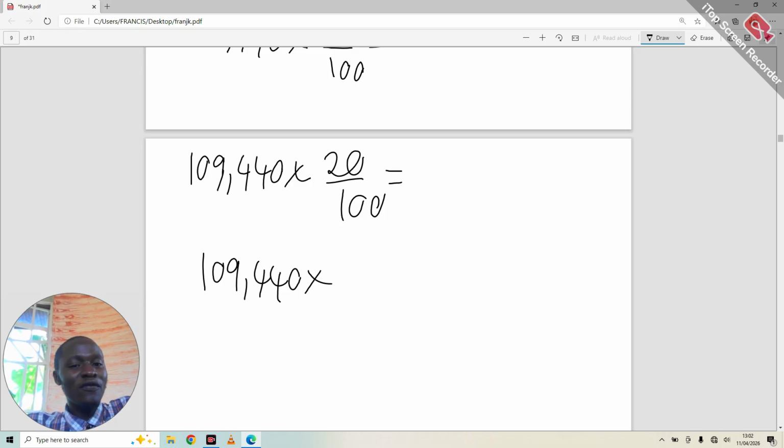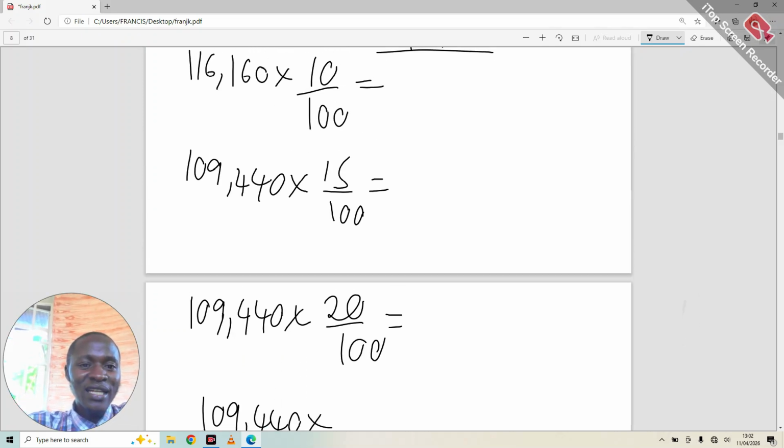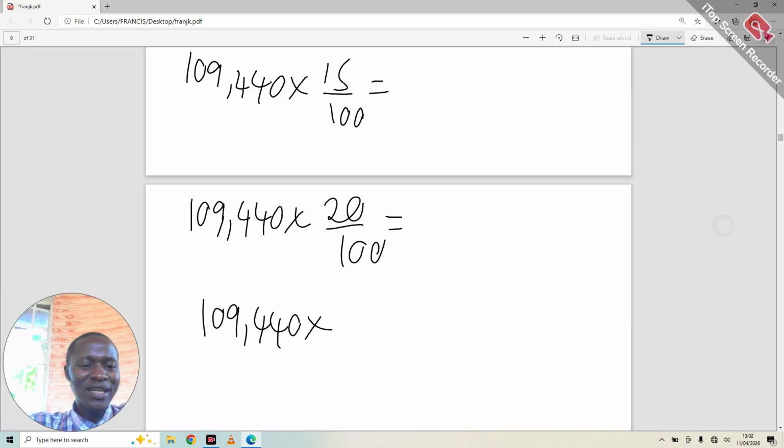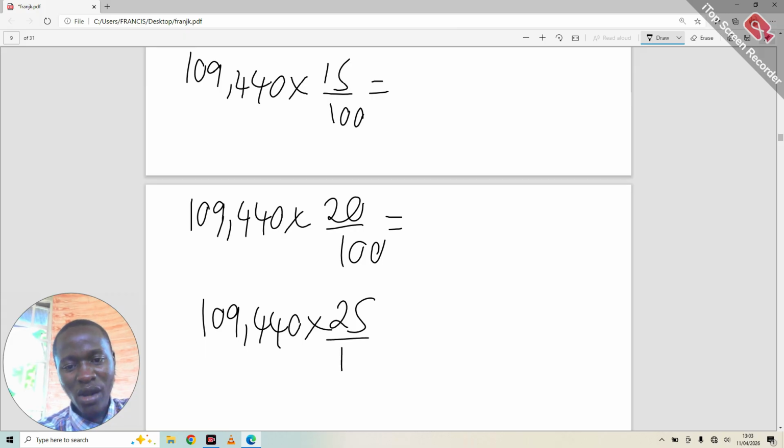That is where most of the students make a lot of mistakes, and some examiners have realized it. So always confirm, always just subtract to be sure of what you are doing.